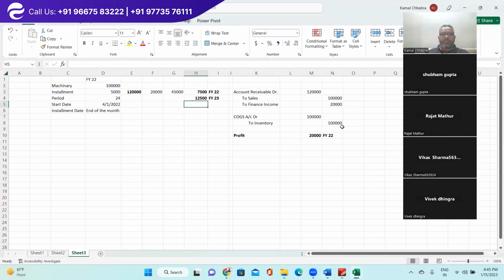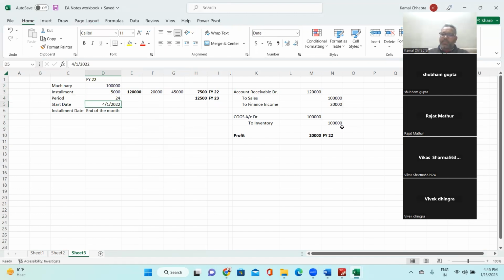For example, let's extend this example. This is a 5,000 installment for how many months? 24 months, starting from April 2022. So in the first year you have 9 months, in financial year 2023 you have 12 months, and in the last year you have 3 months.